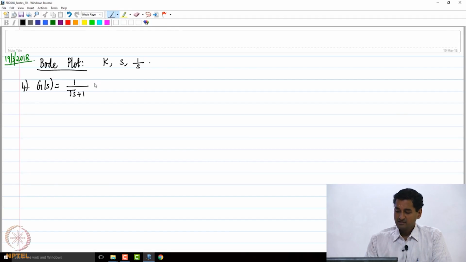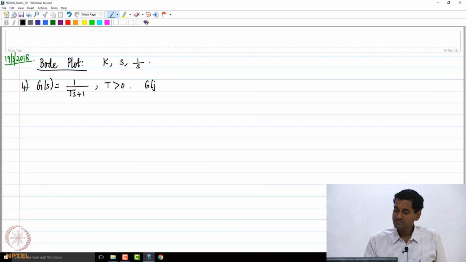Let's consider T to be greater than 0. We'll see what happens when T becomes negative later on. To begin with, we'll consider that T is a positive real number. So we have 1 by Ts plus 1 as our factor.